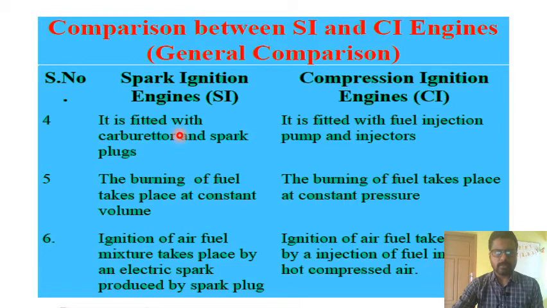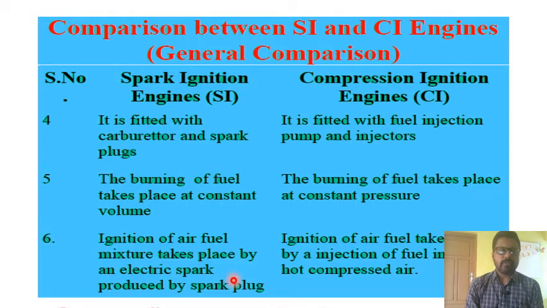In the last class I told you that the burning of fuel in spark ignition engines takes place at a constant volume. This is just the opposite, constant pressure. Combustion takes place at constant pressure here.